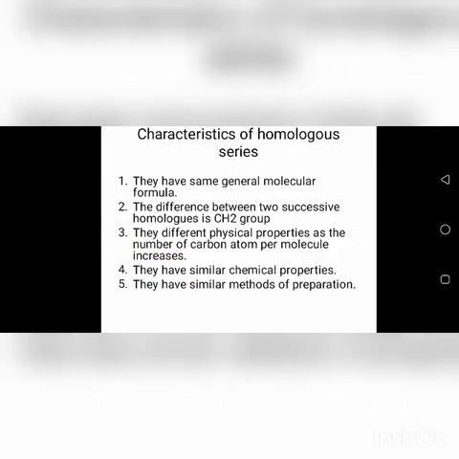Having understood the definition of homologous series and some examples, what are their characteristics? We may ask you to define homologous series or state its characteristics. The members have the same general molecular formula. For alkane, it is CnH2n+2; for alkene, it is CnH2n, and so on.